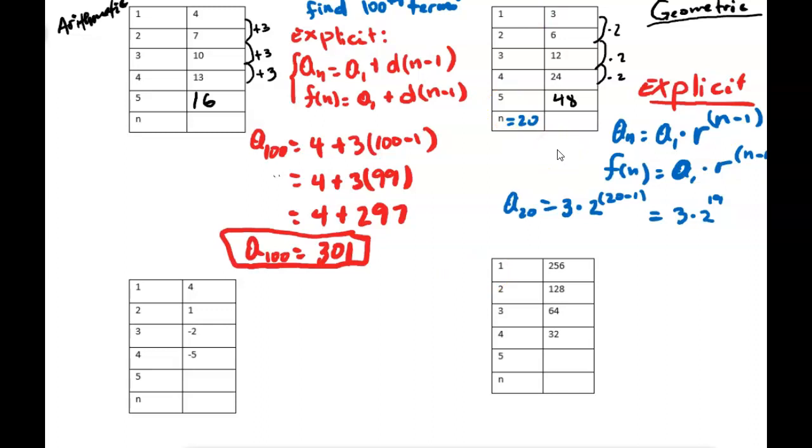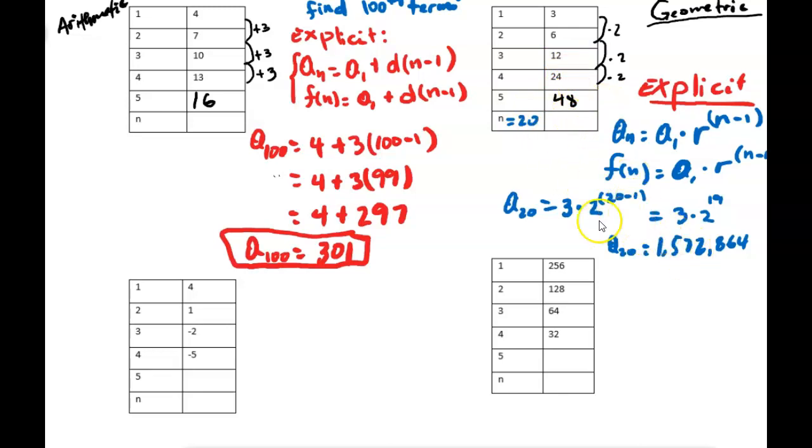That's giving me the 20th term, which is equal to 1,572,864. So that will be my 20th term of that sequence, if the pattern continues.